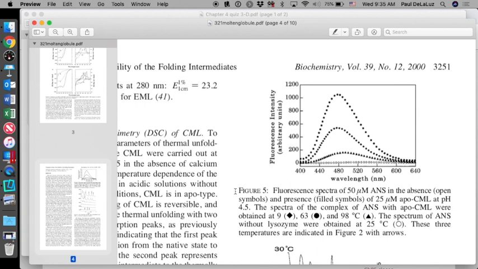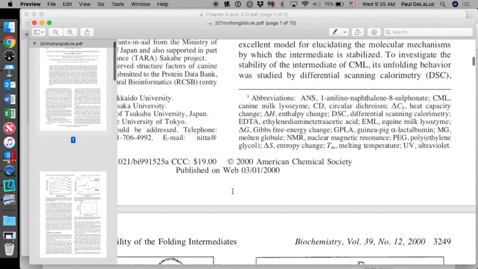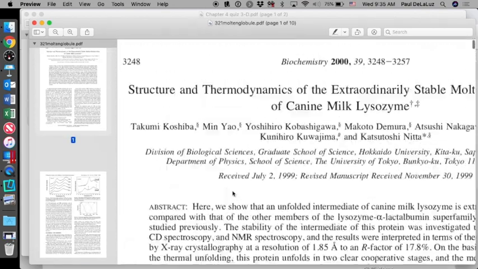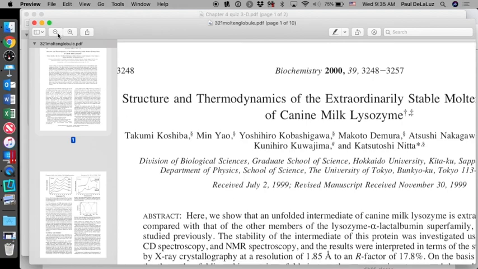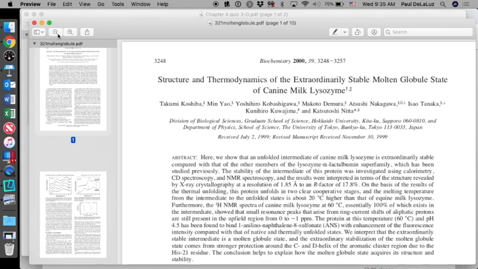All right? And so, based upon these 3 different pieces of data, along with others, the argument of this group is that they can, let's see, what does it say? They show the structure and thermodynamics of an extraordinarily stable molten globule state of canine milk lysozyme. All right?